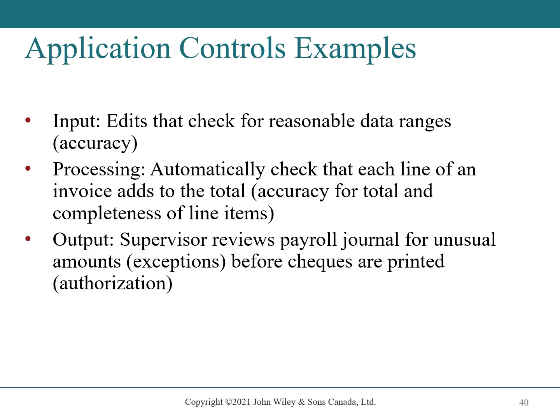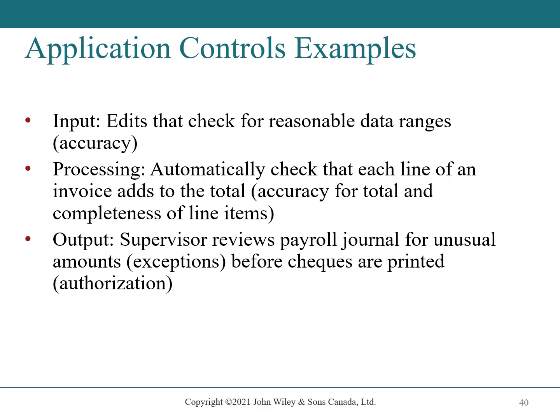Input. Edits that check for reasonable data ranges, which is checking for accuracy. If we have an application control that checks the entry of a website form and someone puts in a visa number, for instance, and it's not in the reasonable data range, then it's not accurate and it would be rejected.